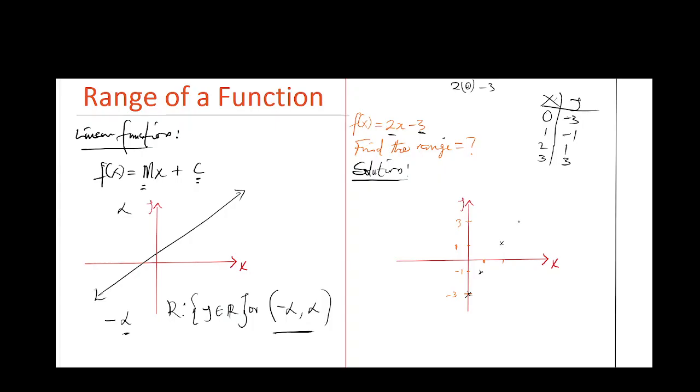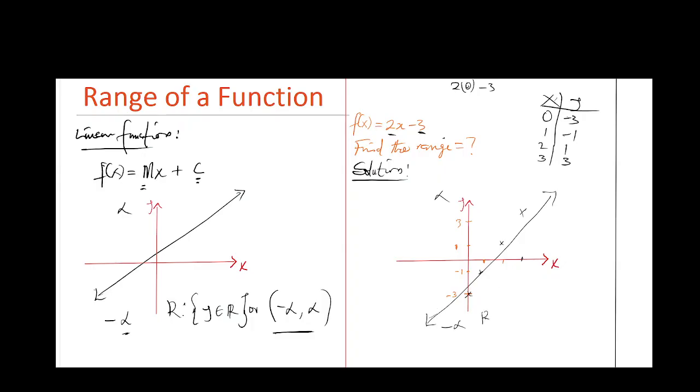When x is 3, y is as well 3. We are going to have a straight line graph of this nature. And you see, this is continuity. Remember, this is continuous, meaning we have our negative infinity here, and we have our infinity as it extends upwards.